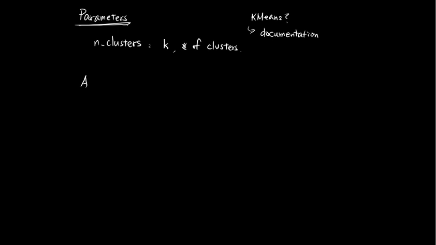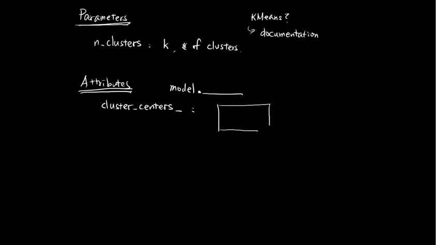And after you finish training this model, there are some attributes. You can use model dot something, and this something can be, for example, the cluster centers. This is an array composed of k centers, and each center is in dimension d.